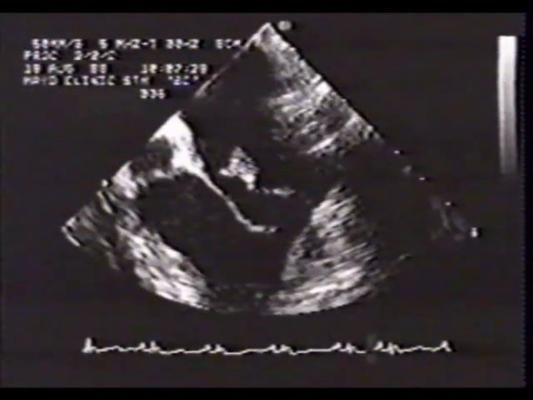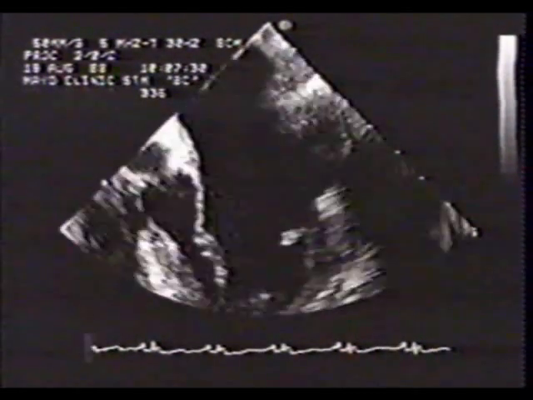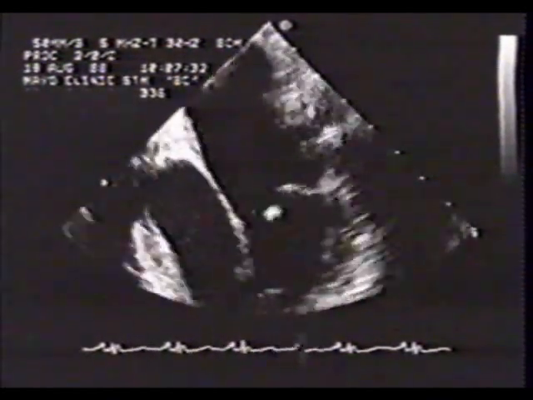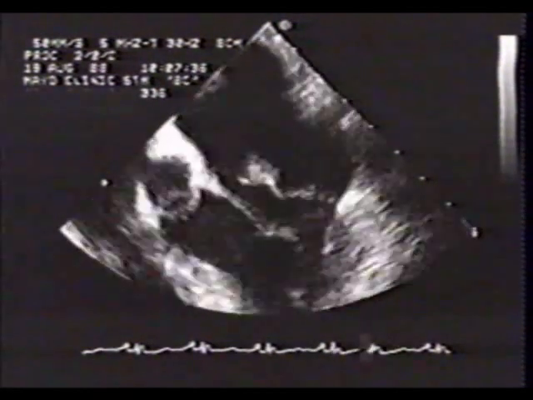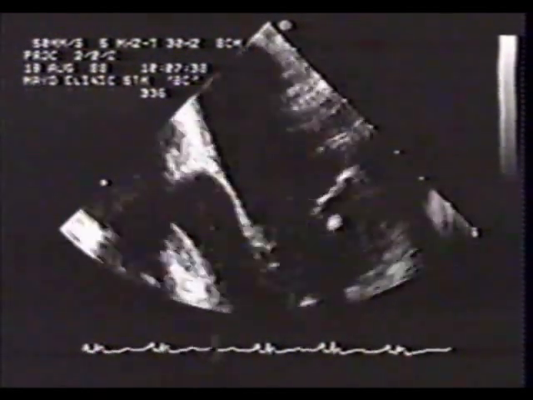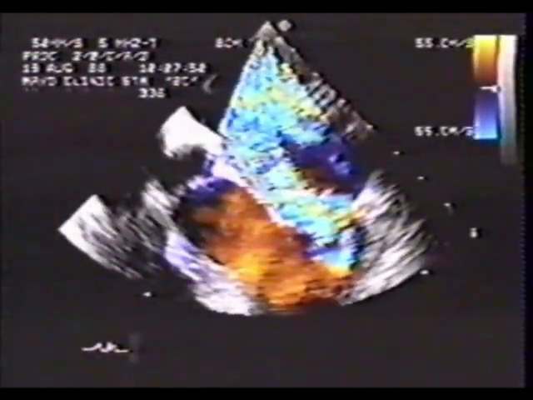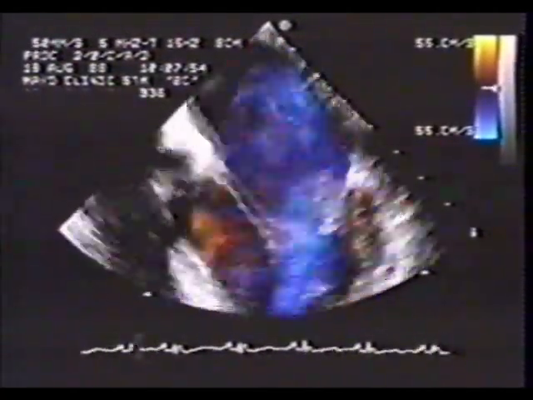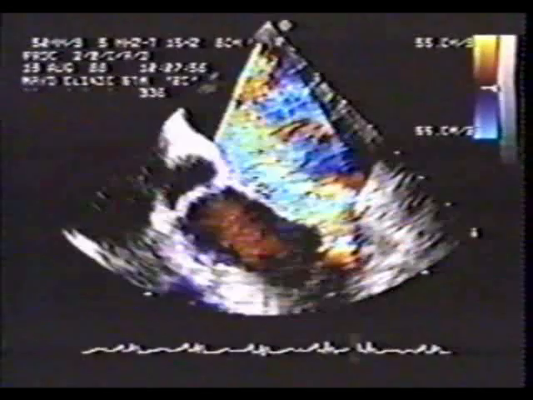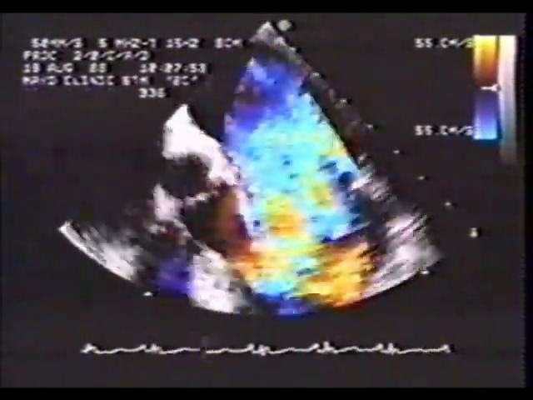This is an expanded view. The color flow examination leaves no doubt that the mitral regurgitation is severe. The patient underwent emergent mitral valve replacement and coronary bypass grafting and recovered without incident.